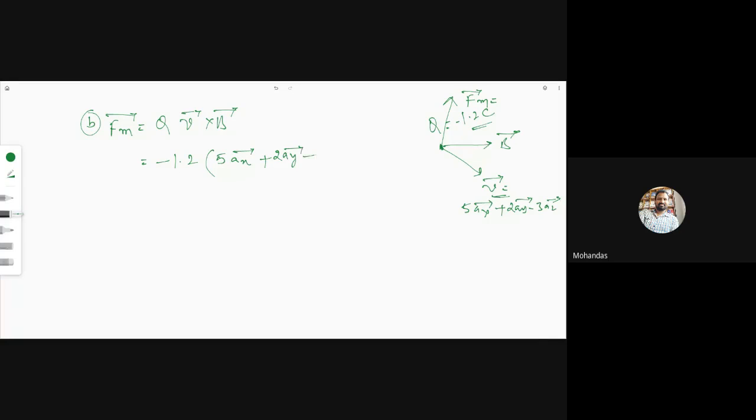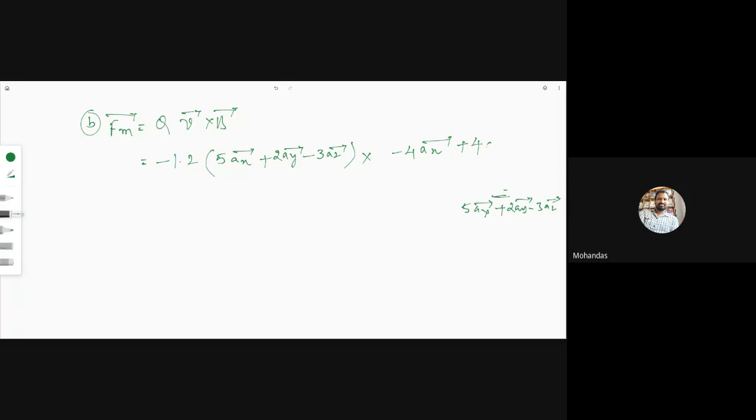B equals minus 4 AX plus 4 AY plus 3 AZ.